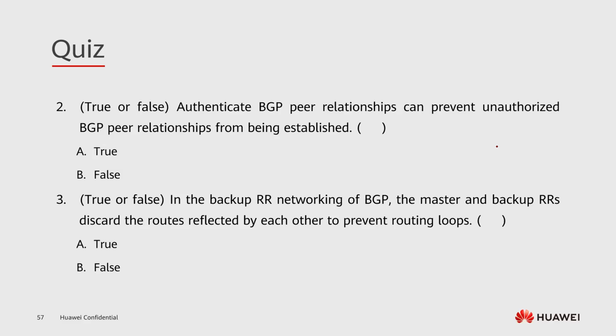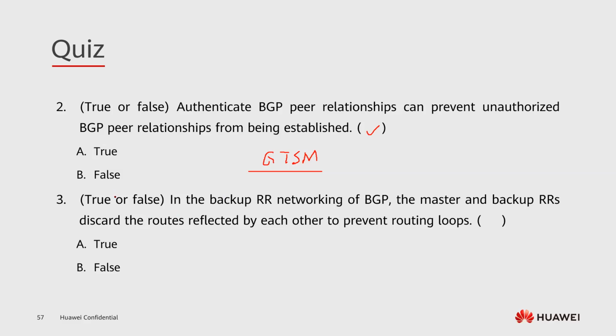Next, authenticating BGP peer relationships can prevent unauthorized BGP peer relationships from being established. That's true, right? You can use BGP authentication to prevent unauthorized BGP peer relationships from being established. And you can also use GTSM to prevent receiving invalid messages from an attacker.